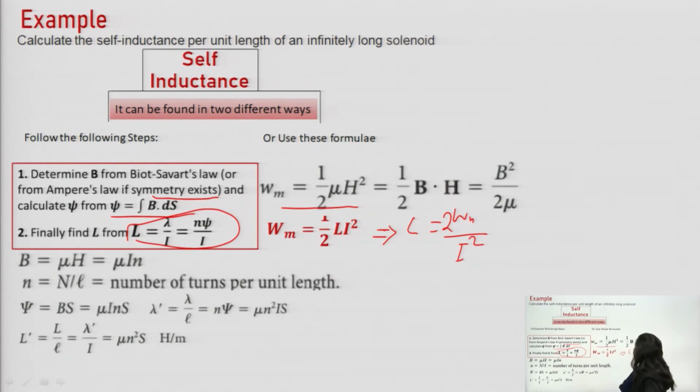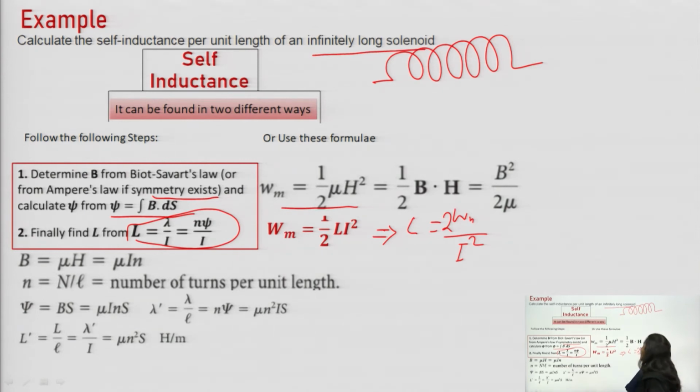We know that a solenoid is nothing but a long wire arranged like this, and this is an infinitely long solenoid. As it is infinitely long, we can apply Ampere's law in order to find the value of magnetic field intensity or magnetic flux density for a solenoid.